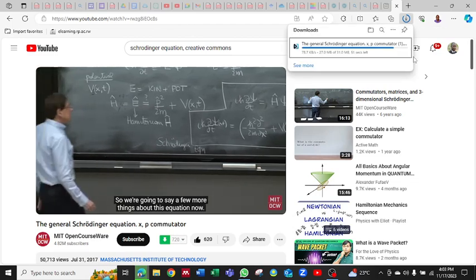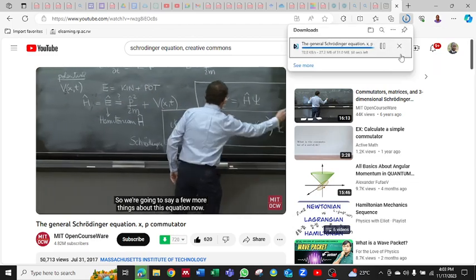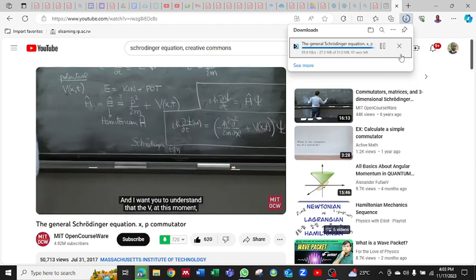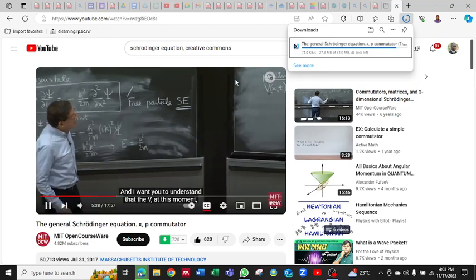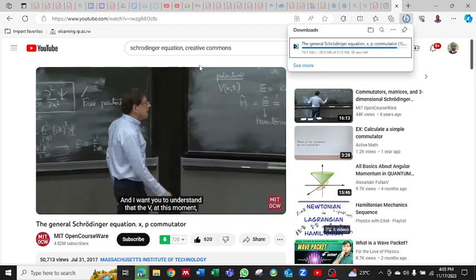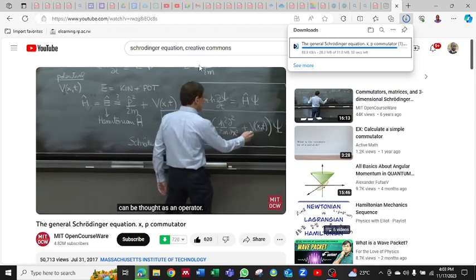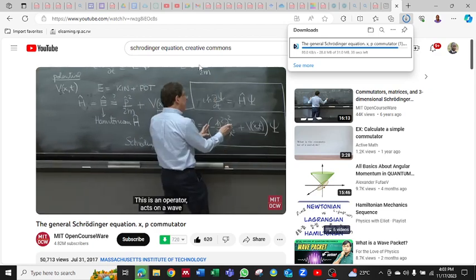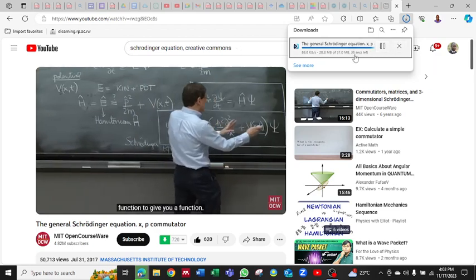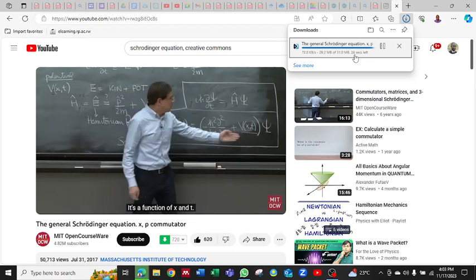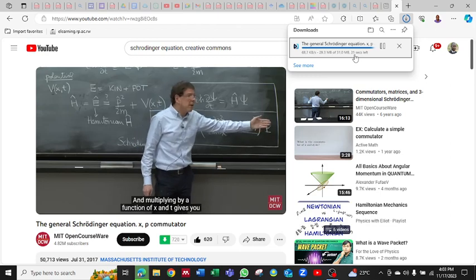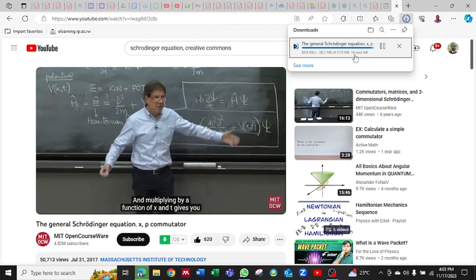So we're going to say a few more things about this equation now. I want you to understand that V at this moment can be thought as an operator. This is an operator, acts on a wave function to give you a function. This is a simpler operator. It's a function of x and t, and multiplied by a function of x and t gives you a function of x and t.